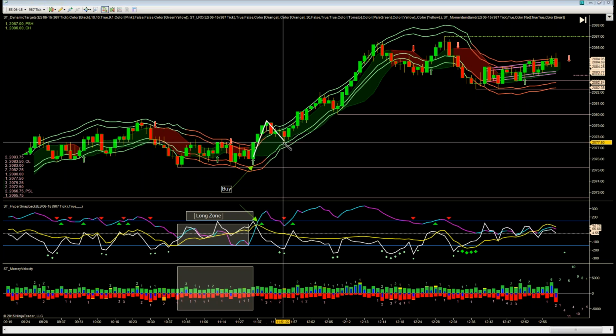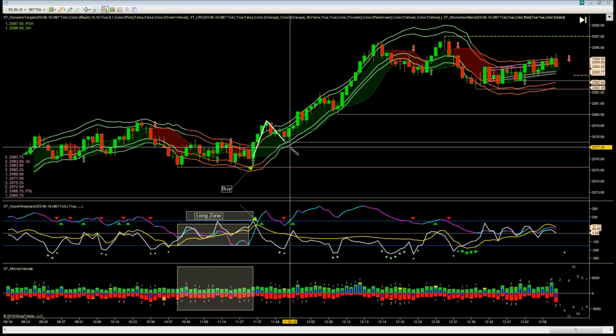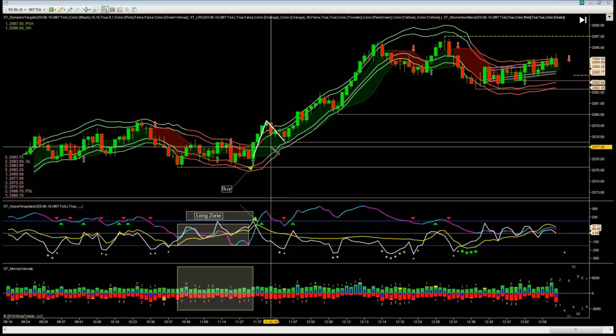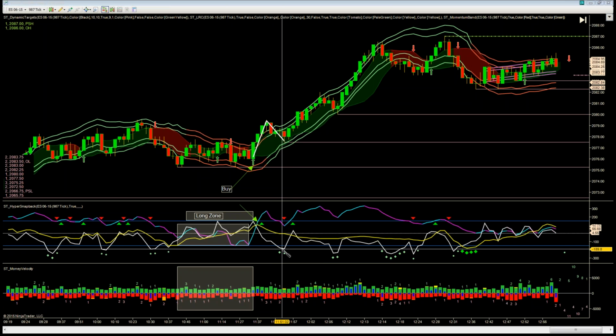But also on this downward movement, we have a support on our dynamic target line in our momentum study, which is the green here, we also have a white hyper snapback.